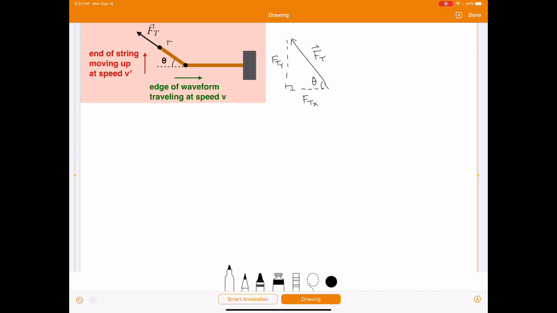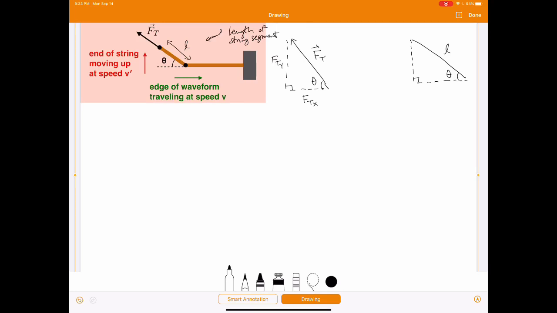Another thing we can do is note that there's a certain length here of the string that's been pulled up. So we'll call L the length of the string segment. And we can use that to construct another triangle, because if L is the length of the string here, we can sort of break this, like before, into a vertical and a horizontal component, and note that the angle theta is still there, and the right angle between vertical and horizontal is still there as well.